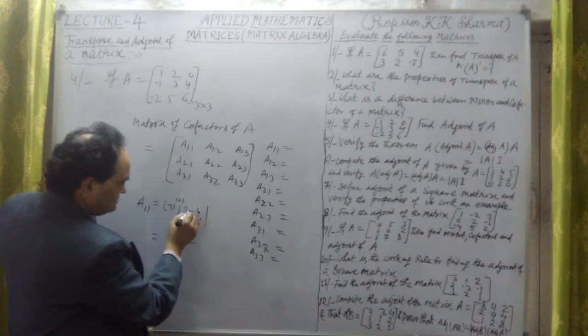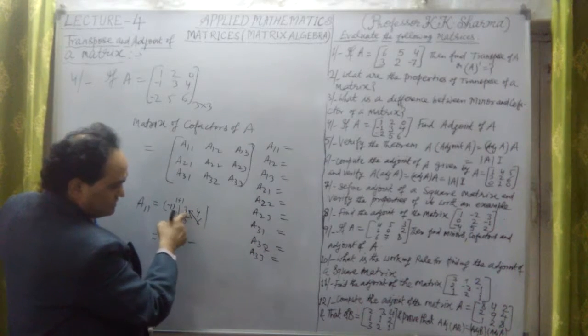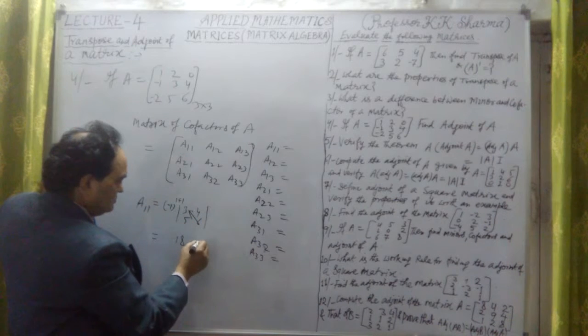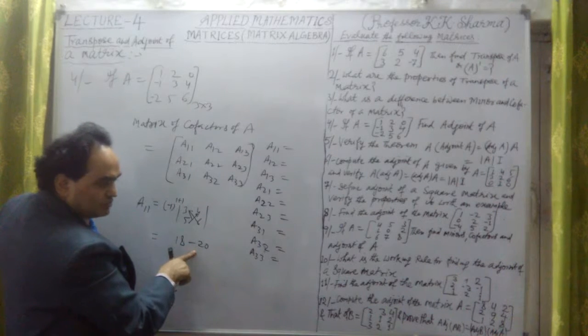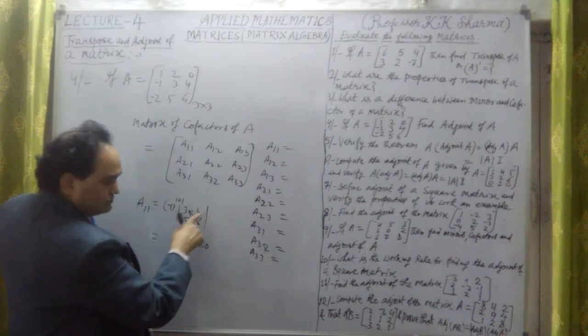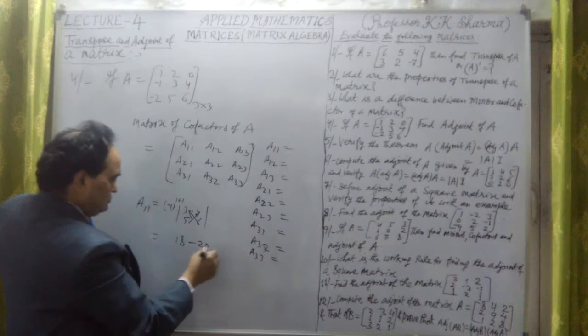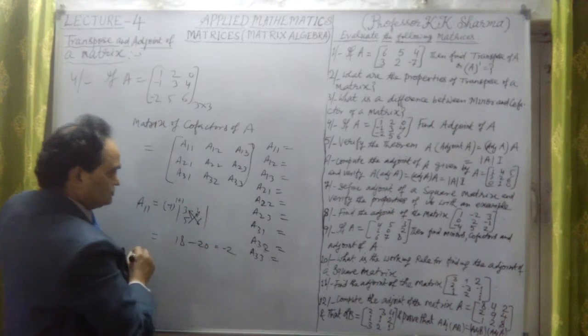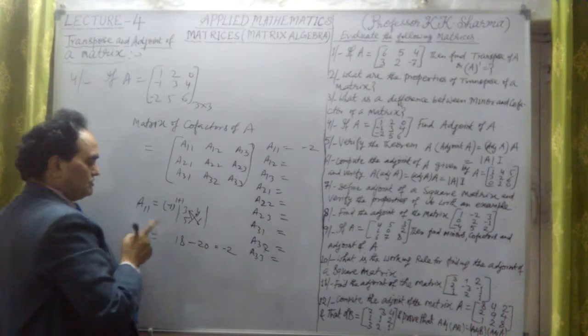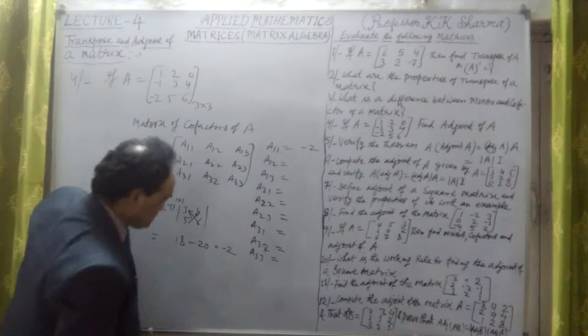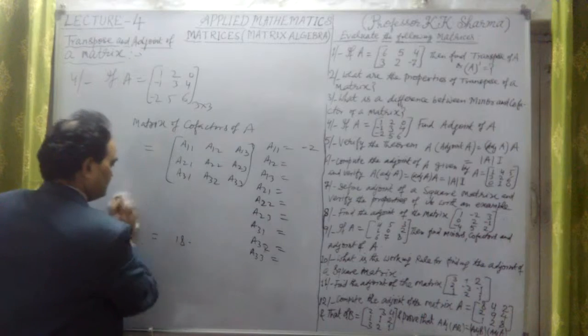First multiply 3 into 6, 18. And 5 into 4 is 20. Then minus sign in between. So 18 minus 20 is minus 2. A11 is minus 2. Okay, so this we have calculated.